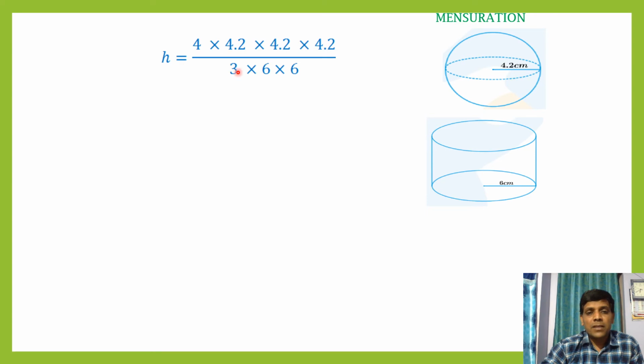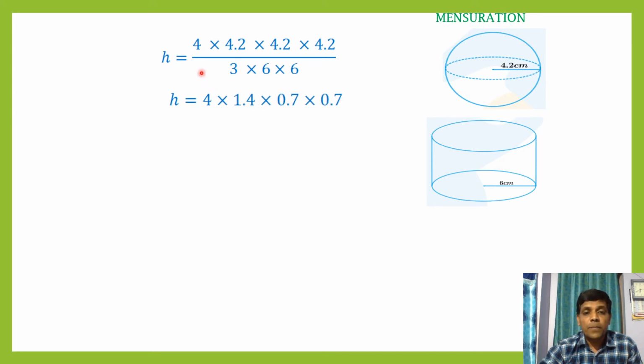Cancellation: 3 ones are 3, and 1.4. So actually 3 into 3 is 1.4. Already 4.2 is a decimal value, 3 ones are 3, 1.4. And 6 and 4.2, 6 sevens are 42. So this is a decimal value. 6 into 6 ones are 6, 0.7, and 6 ones are 6, 0.7. That is the next step.